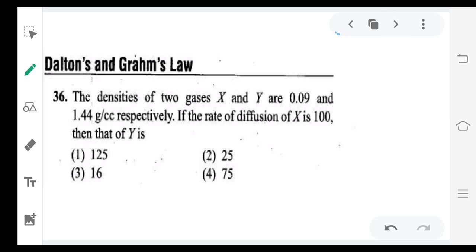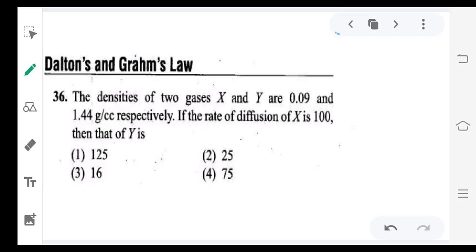Next, the densities of two gases X and Y are 0.09 and 1.44 gram per cc respectively. If the rate of diffusion of X is 100, then what is that of Y? Diffusion is related to Graham's law.